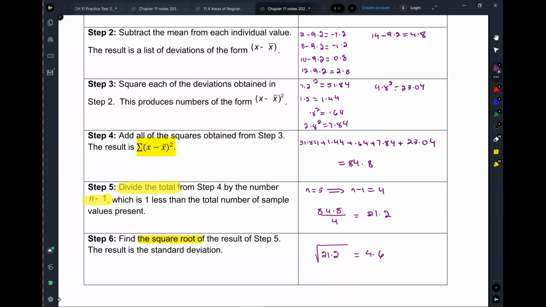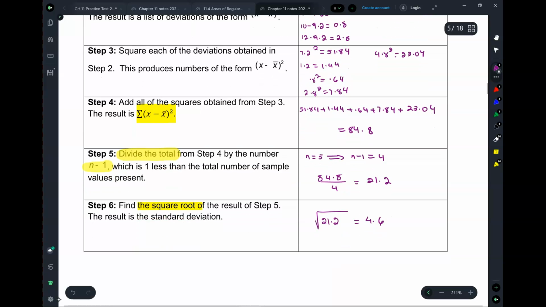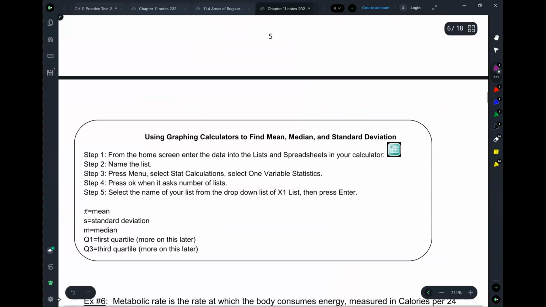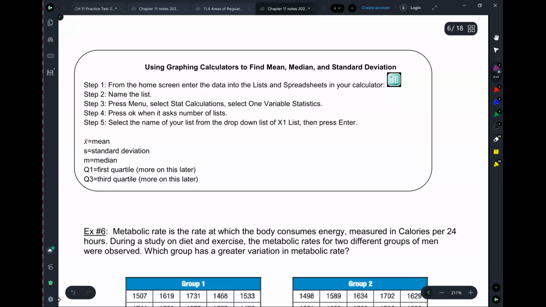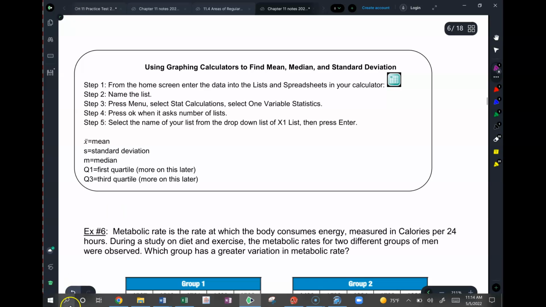Even if it's a 5-person class, no one's going to calculate the standard deviation by hand because you know how far away each of the points are, right? So this is very unrealistic. Most of the time, we have hundreds, thousands of data points, right? So what we're going to do is use the graphing calculators to find mean, median, and standard deviation. All right, so go ahead and take out your calculators, please.